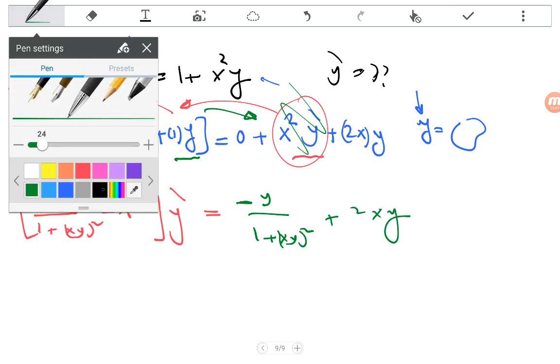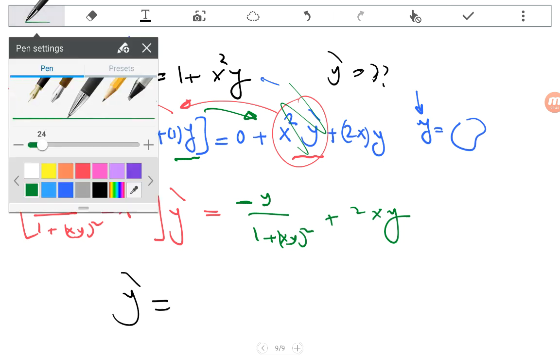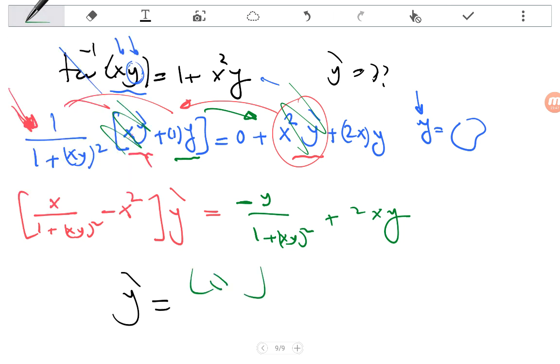There is just one remaining step: y dash will be equal to that green expression over the red expression. I can make a common denominator if I need to simplify it further, but I can leave it as it is like this.